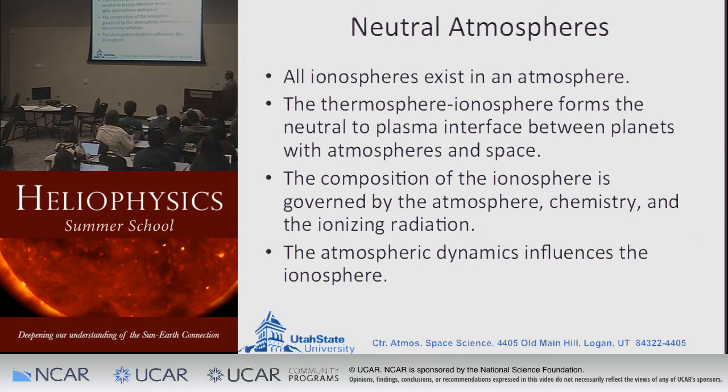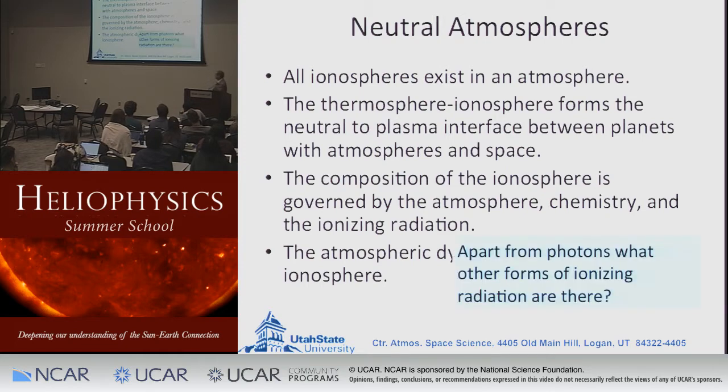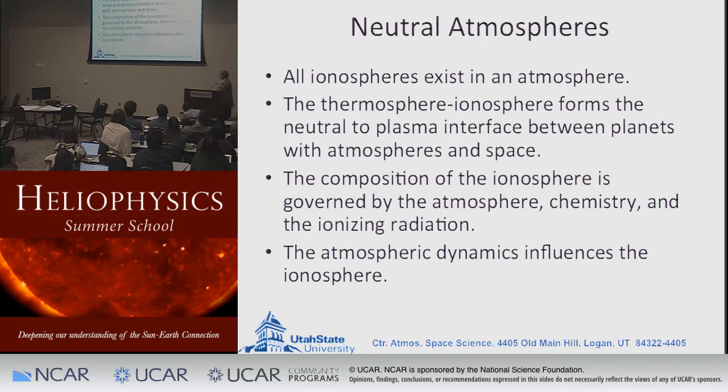The composition of the ionosphere is governed by the atmosphere itself, the chemistry that's ongoing, and of course this ionizing radiation. And we'll see that the chemistry leads to different species that are uncommon in the lower atmosphere. One more, sorry. The atmospheric dynamics influence the ionosphere.